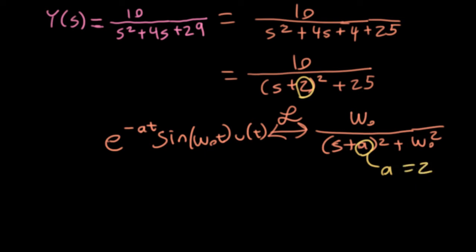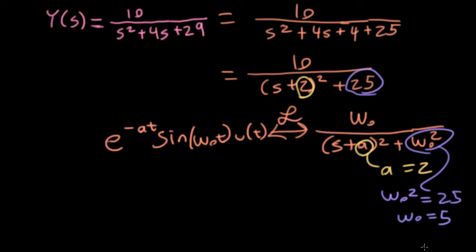And then I can match 25 up with omega naught squared. So omega naught squared equals 25, which means that omega naught equals 5. And then I could take the 10 here and rewrite it as 2 times 5. So now I have everything matching up.